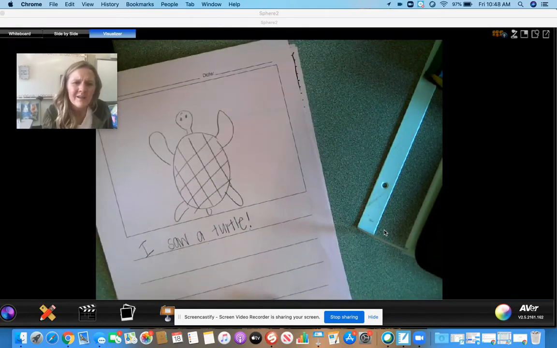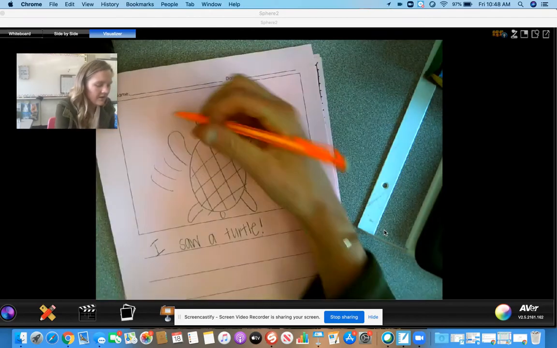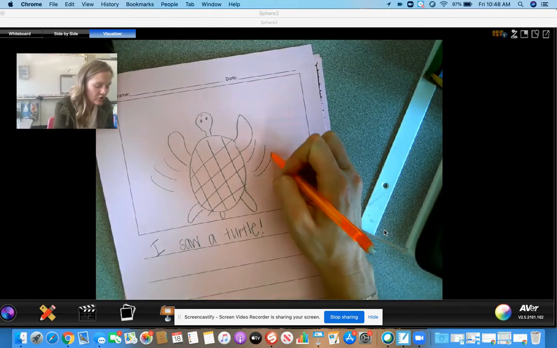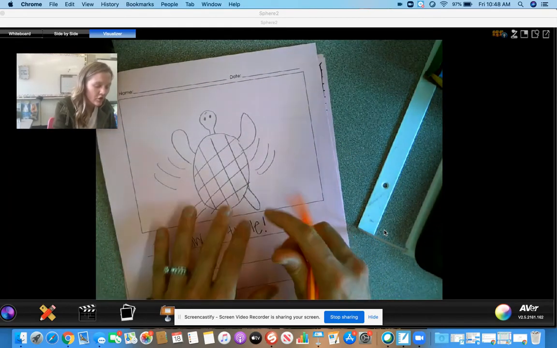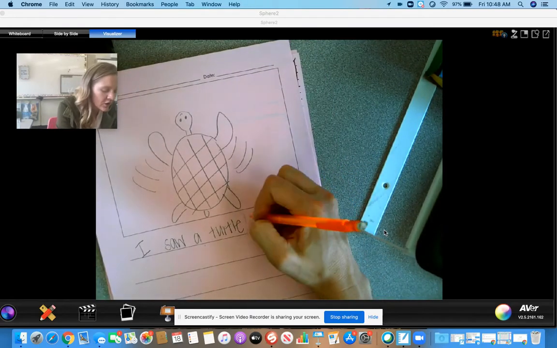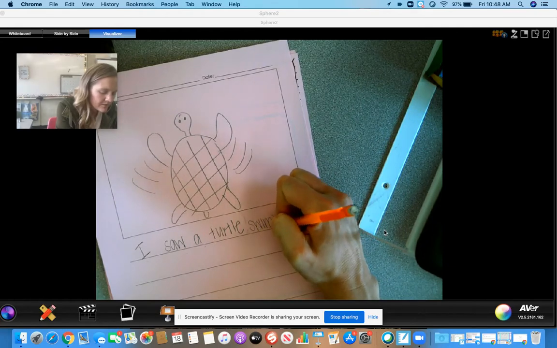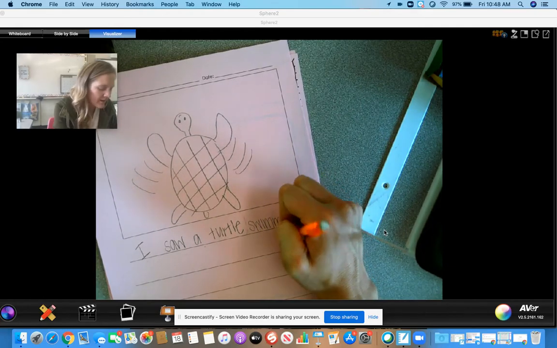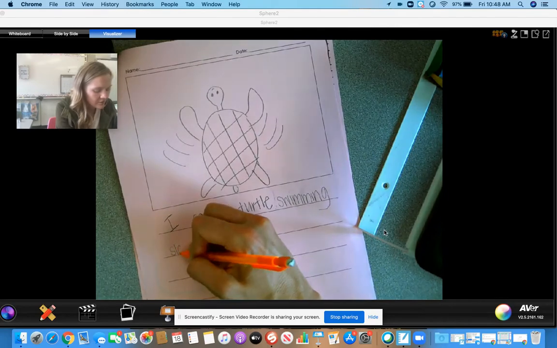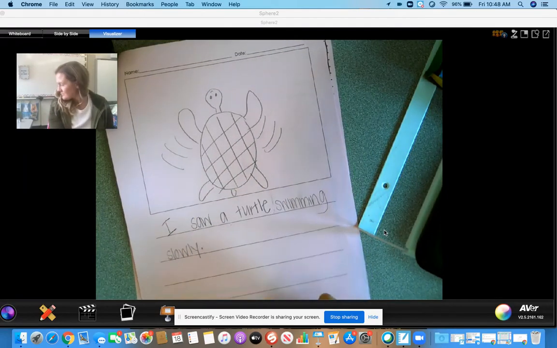Okay, how can I make my characters move and talk? Okay, let's say the turtle. I saw a turtle. I'm going to say swimming slowly. Okay.